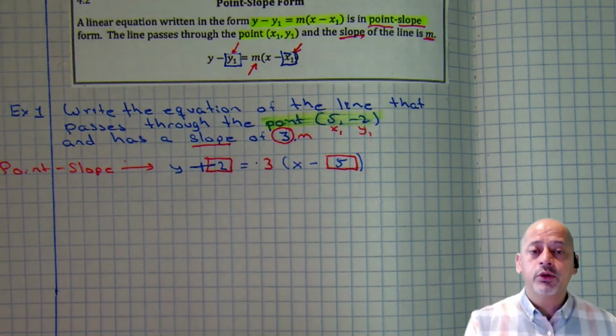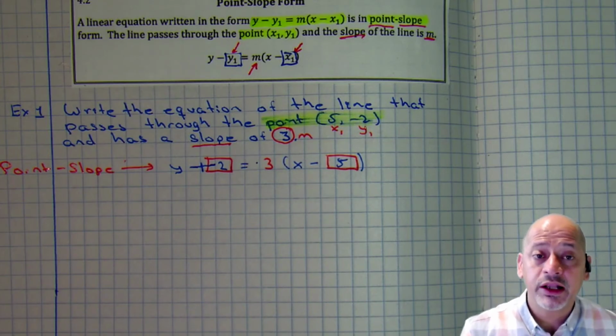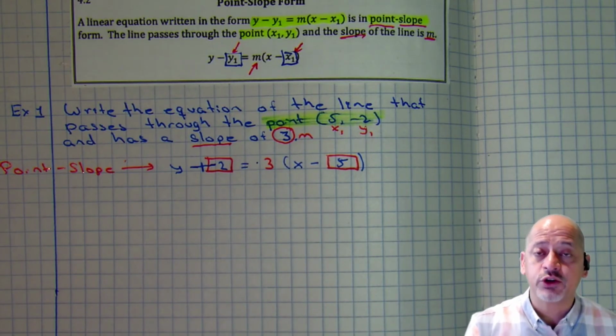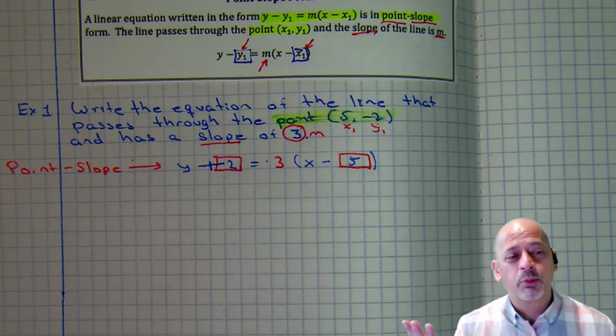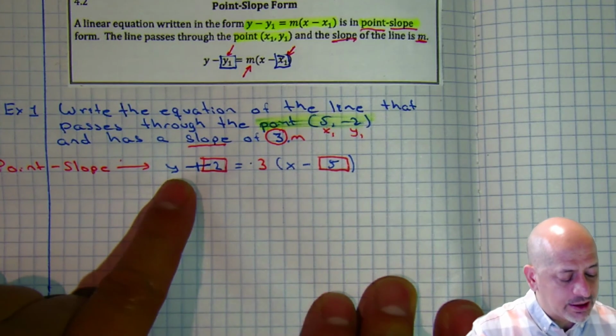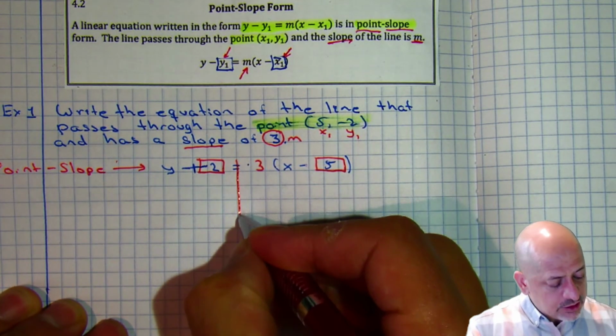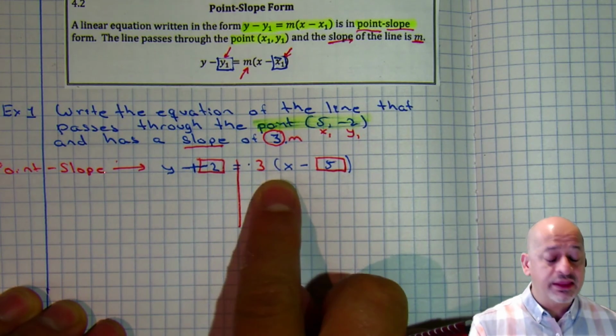Now, we want to be able to rewrite it into slope intercept form. And the way that we rewrite it into slope intercept form is by solving for y. It's a very quick process. You guys are very good at solving equations. So I need to be able to leave the y by itself. And one of the things that I notice is that I have my parentheses here.